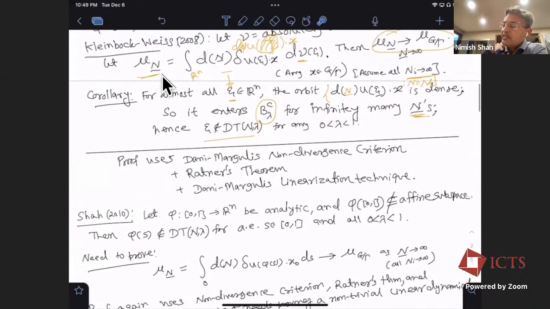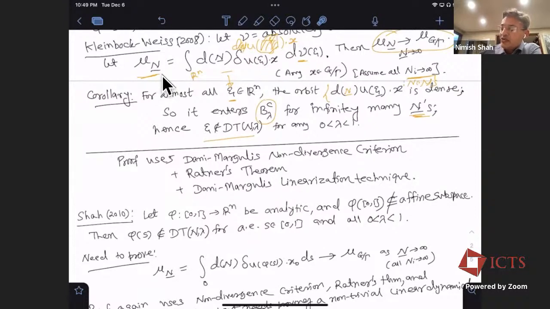The proof of this result uses something called the Dani-Margulis non-divergence criterion. I'll talk about it later, next week. Based on Margulis's non-divergence result, Dani developed a very nice criterion to see when a certain kind of measures don't diverge to infinity.